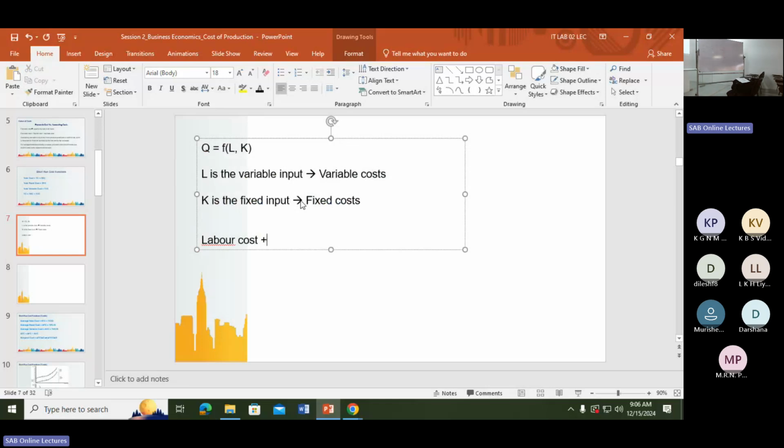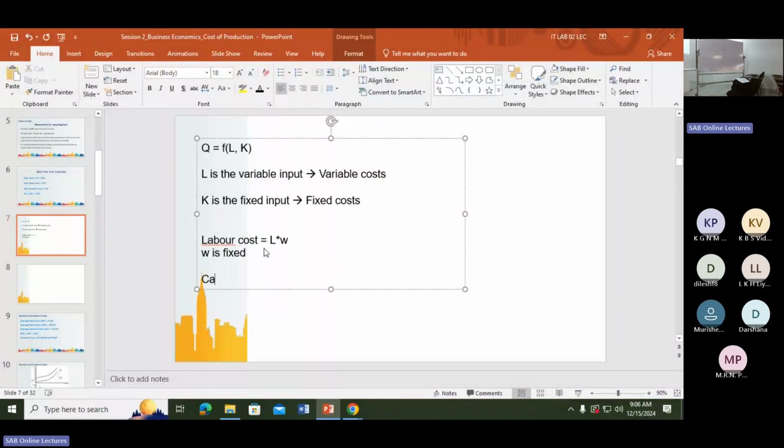Labor cost is the units of labor they employ multiplied by the wage rate. As I told you earlier, the wage rate is fixed because the firm is operating in a perfectly competitive labor market. Wage rate is fixed, but labor is variable. Labor quantity depends on output level.